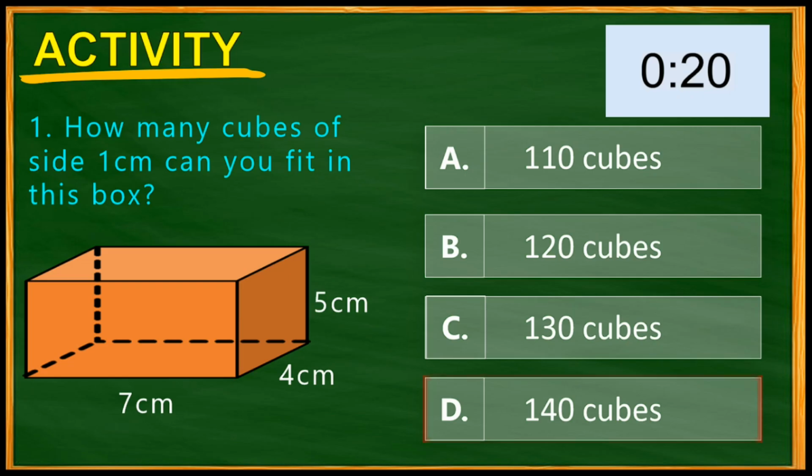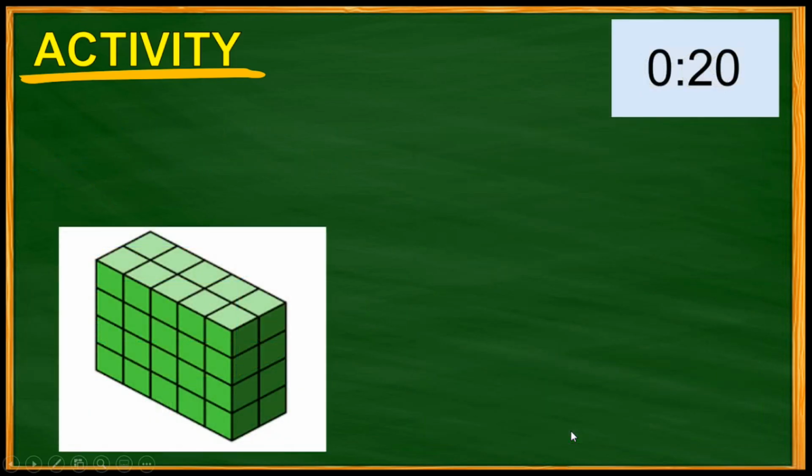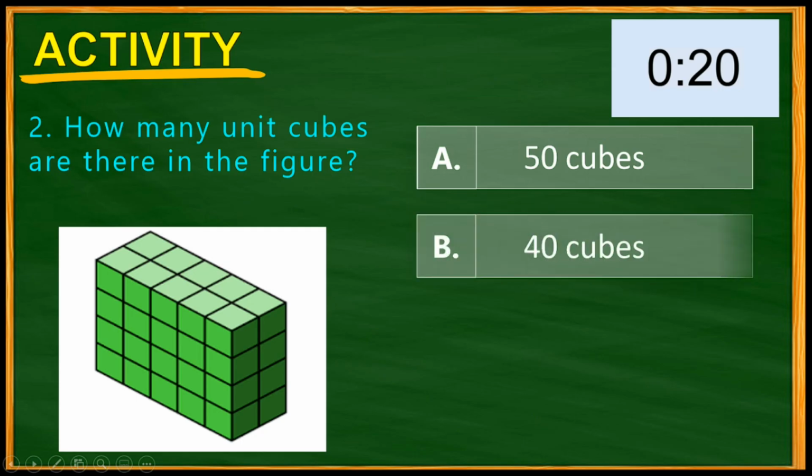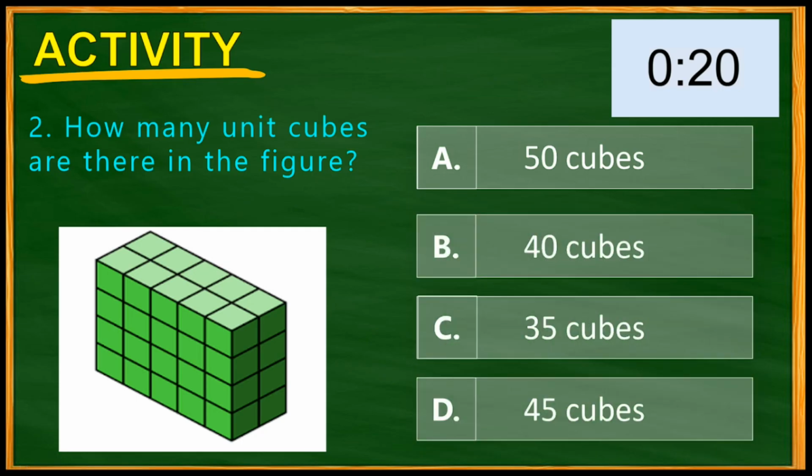Okay, time's up. Now let's reveal the answer. The answer is letter D. You're going to multiply 7 times 4 times 5. The answer is 140. Then for number 2, how many unit cubes are there in the figure? Is it letter A, B, C, or D? You have 20 seconds.